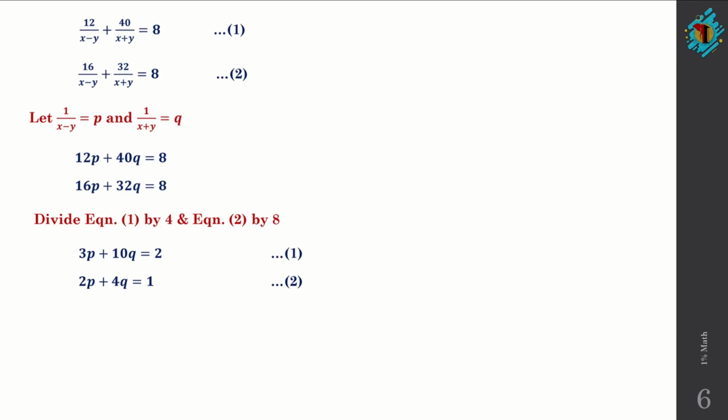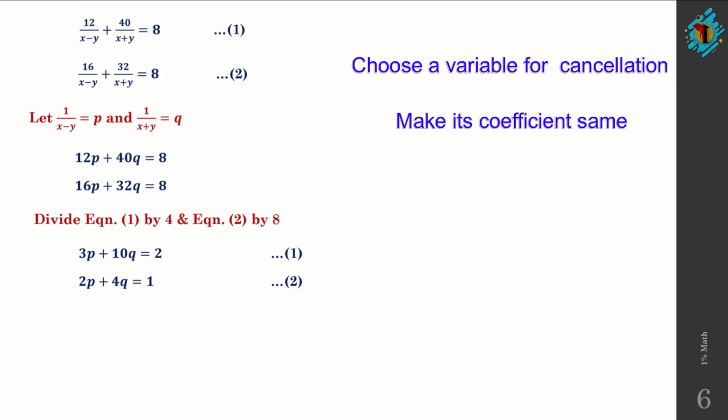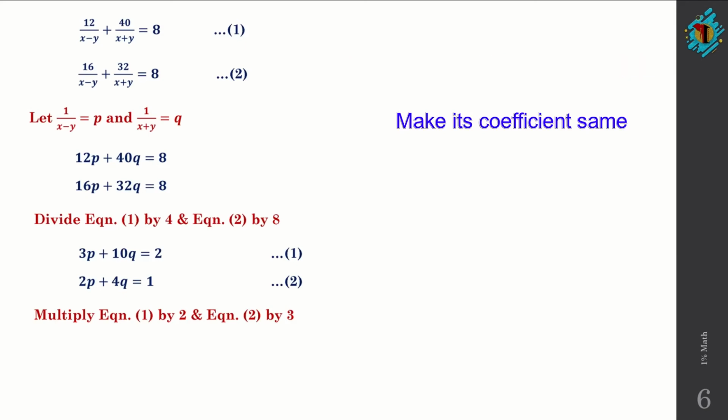So now we are going to find the values of p and q. To find p and q, I am going to follow an elimination method where I am going to cancel the variable p. To cancel variable p, I am going to multiply equation 1 by 2 and equation 2 by 3. By doing this, what happens? The coefficients of p become the same.